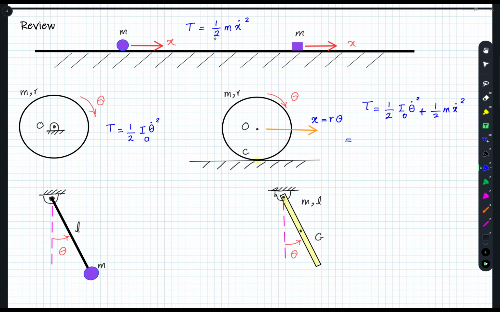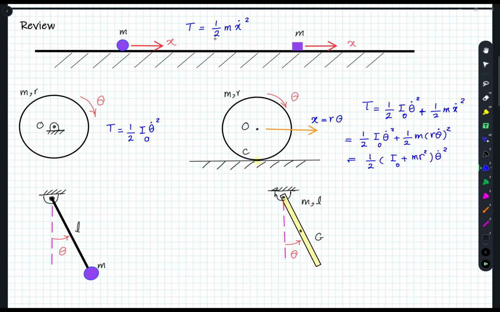Of course, I can simplify that by substituting x dot with what we found here, r theta dot, the relation between x and theta. If I factor theta dot squared, I get half of IO plus m r squared, times theta dot squared.